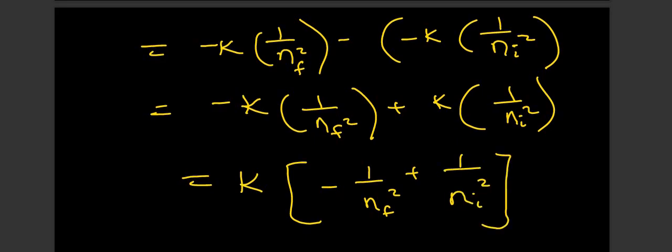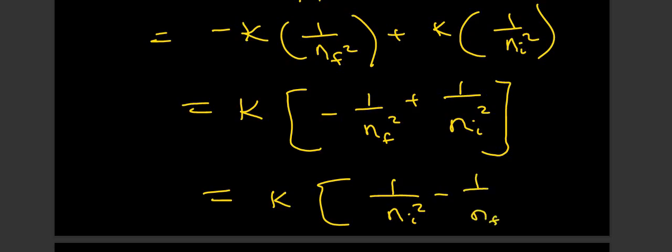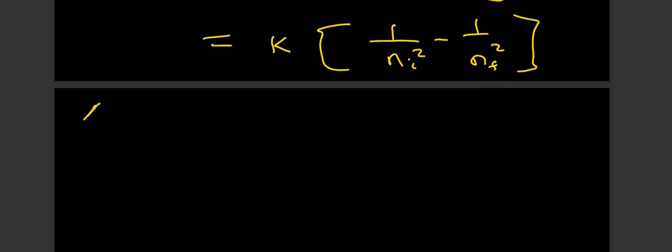So this can be written as k times (1 over initial squared minus 1 over final squared). I've just switched these, alternating them. So this gives you the first formula for the change in energy.